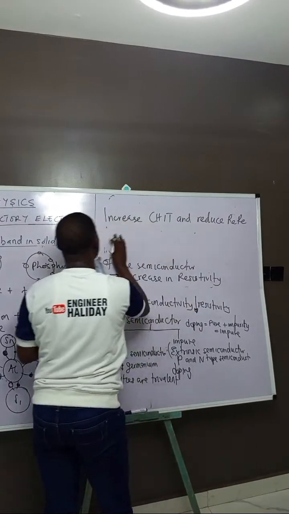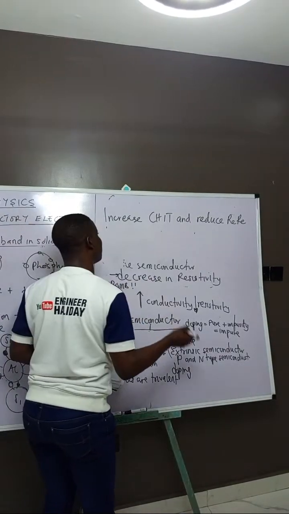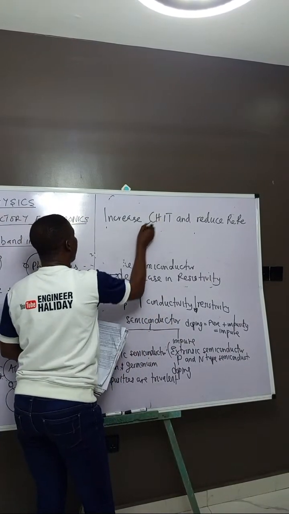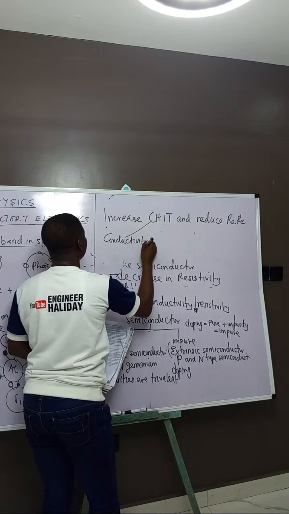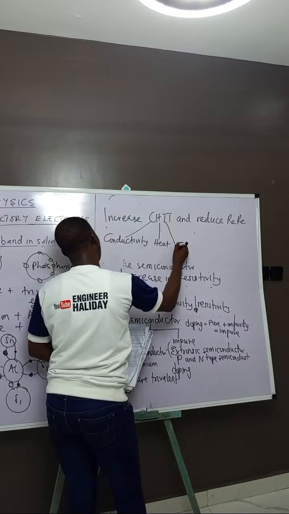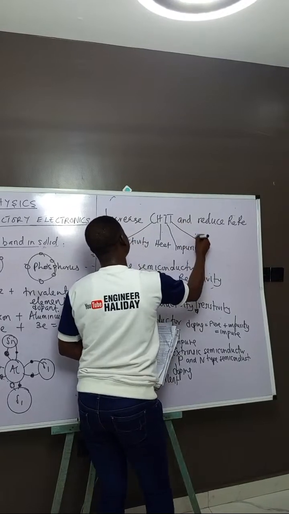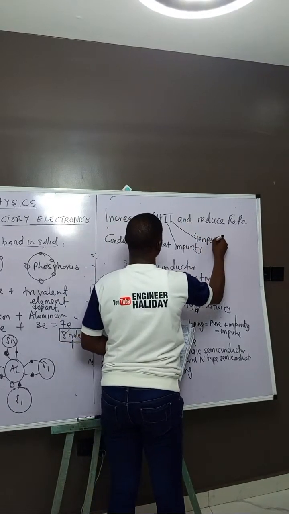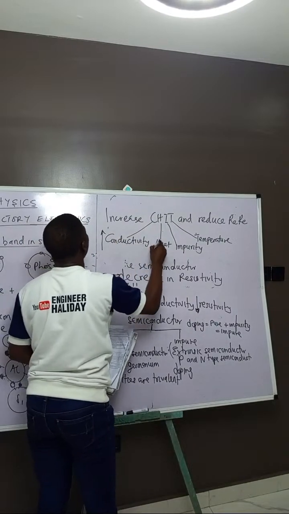It is very, very sweet, especially when you go to examination, whether WAEC or any exam you are writing. Now, this one means conductivity. This one means heat. This one is impurity, while this one is temperature.